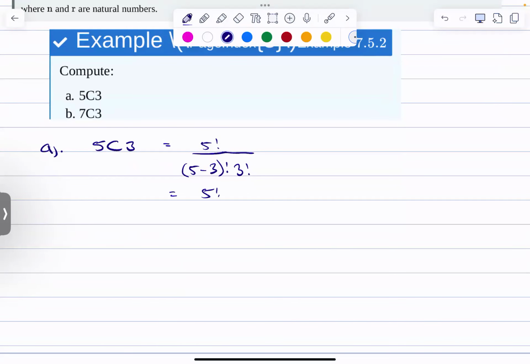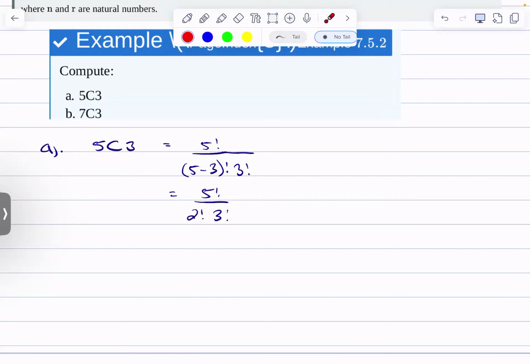So I have 5 factorial divided by 2 factorial times 3 factorial. And then the trick is to write out 5 factorial until you hit the biggest of the factorials in the denominator, because then you can cancel them.